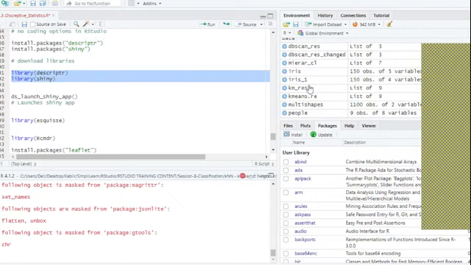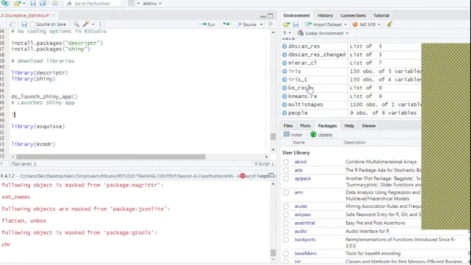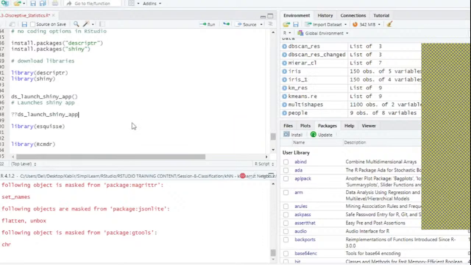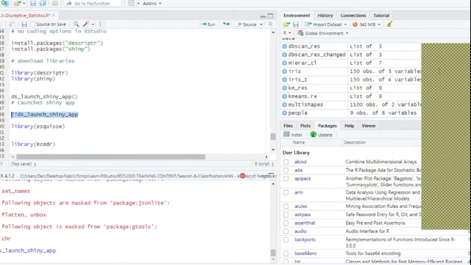Saurabh, this is descriptor. If you see, ds underscore launch Shiny app. Yes, install. Yes, do it. Install it.